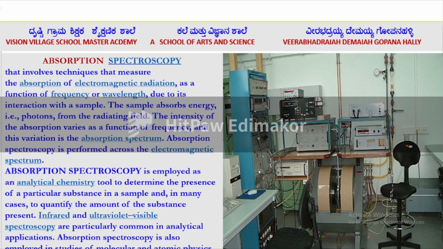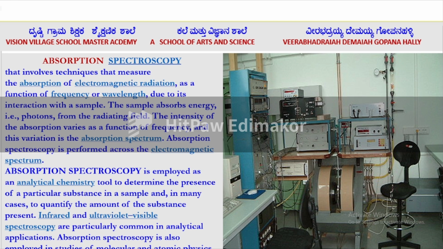Now, I would like to divert your attention towards the extraordinary and sophisticated instruments in spectroscopy: absorption spectroscopy and emission spectroscopy. Well friends, absorption spectroscopy involves techniques that measure the absorption of electromagnetic radiation as a function of frequency or wavelength. Due to its interaction with the sample, the sample absorbs energy, photons from the radiating field.